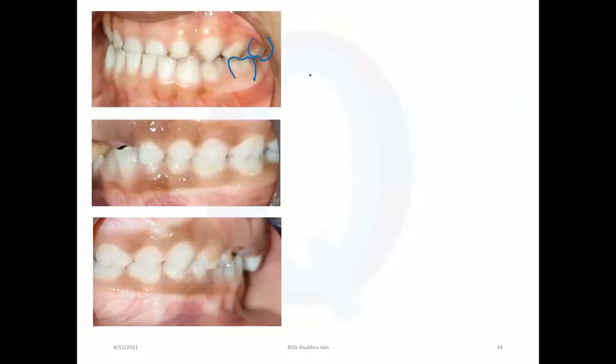No. Okay. What is mesial and distal? Maybe you don't know that. It is like how you write A, B, C, D, E. This is the mesial and this is the distal aspect.